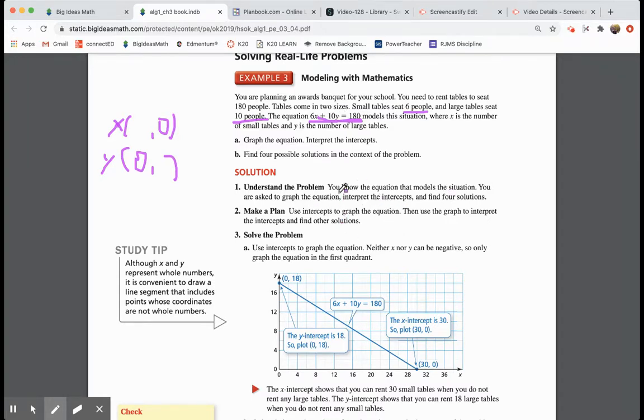So if I plug 0 in for y, that cancels. I'm left with 6x equals 180. And then we would divide both sides by 6 to get 30. So I'll just come up here and write it. So my x-intercept is the point 30, 0.